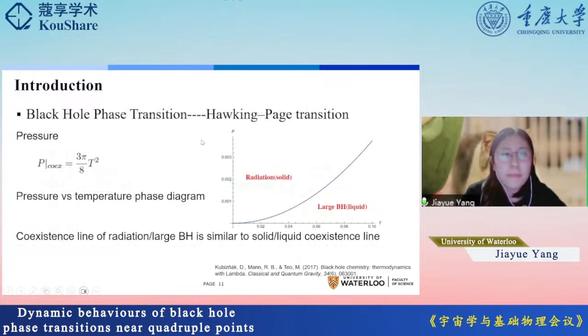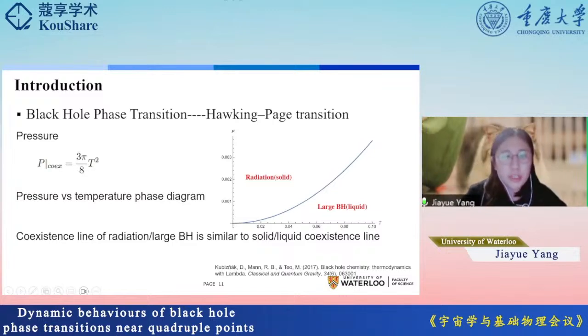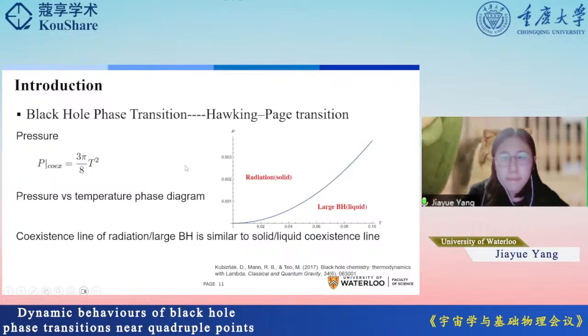And also, we can compute the coexistence line of the large black hole and radiation if we find the pressure versus temperature phase diagram. In the pressure versus temperature phase diagram, we can plot the coexistence line.